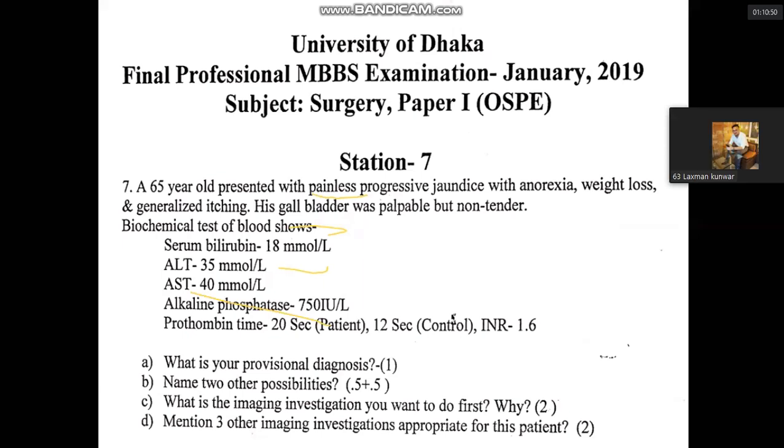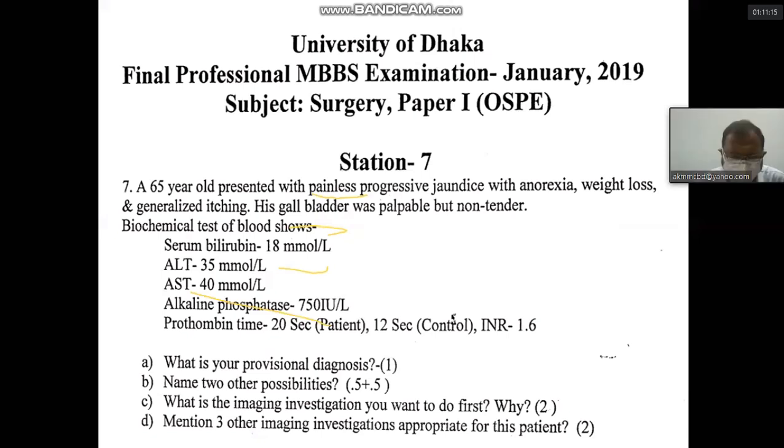Carcinoma of the head of the pancreas. When you have to say provisional diagnosis, you have to say obstructive jaundice due to carcinoma, head of the pancreas.